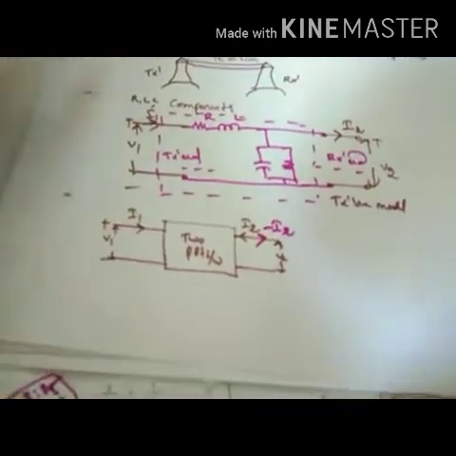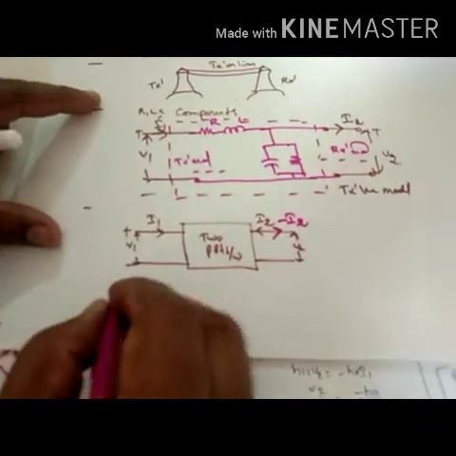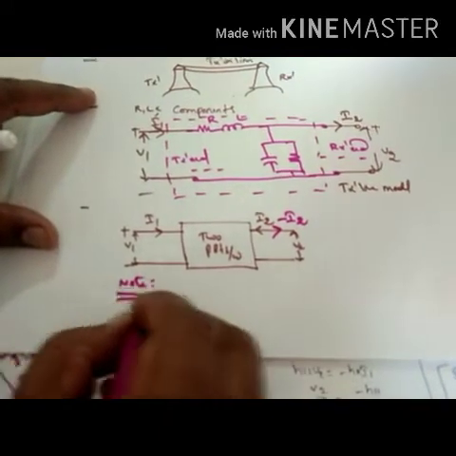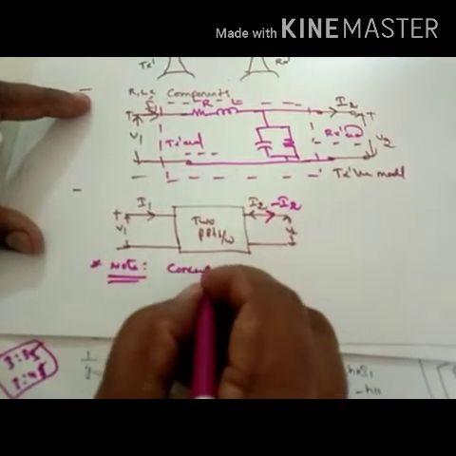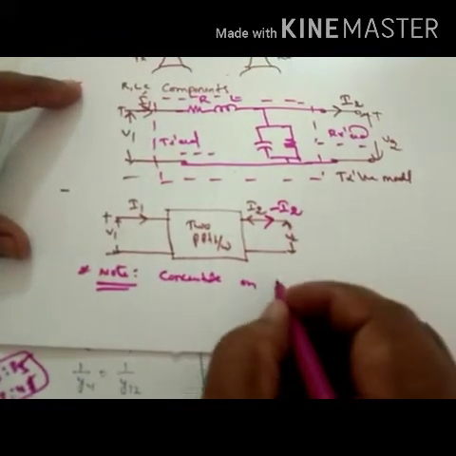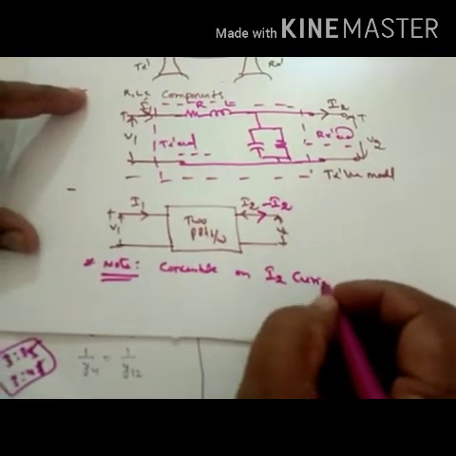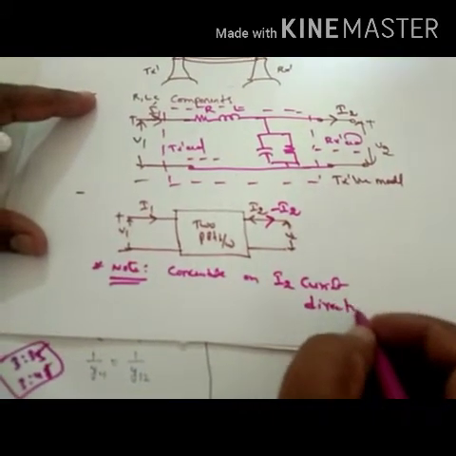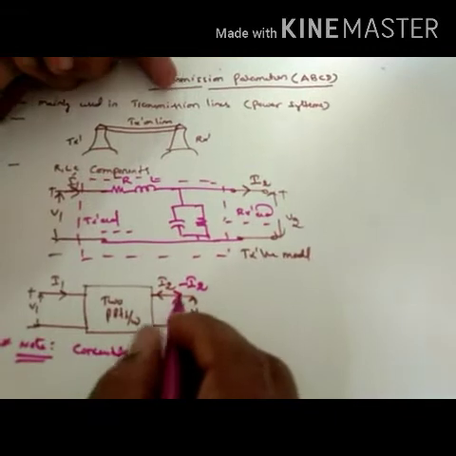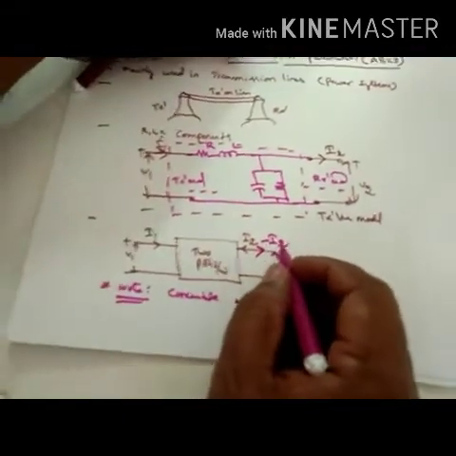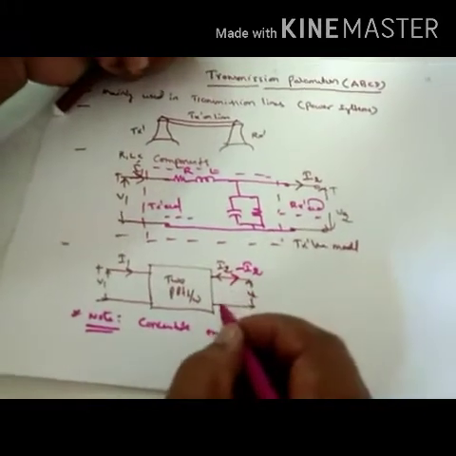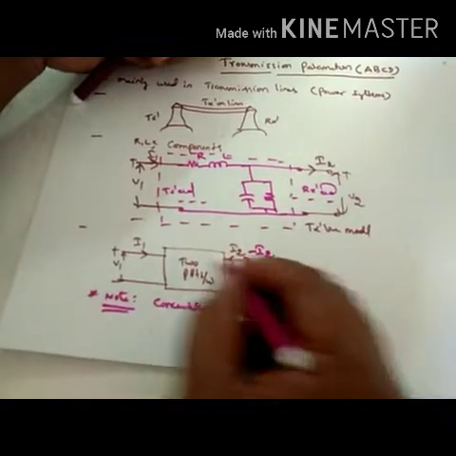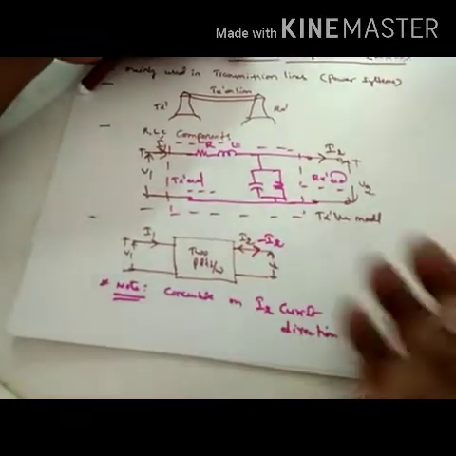The very important note here is to concentrate on the I2 current direction. Now we consider the minus I2. So here this is I2, the outgoing current. But in the two-port model we represented I2 into the port, whereas minus I2 is outward from the port.